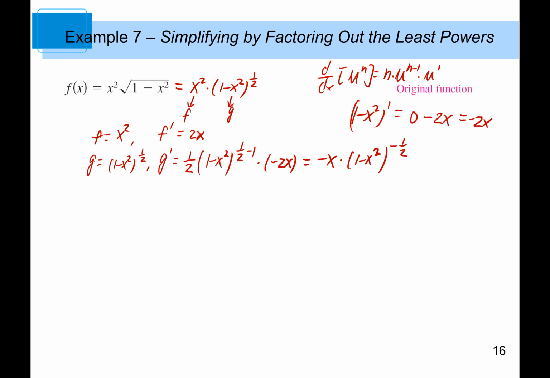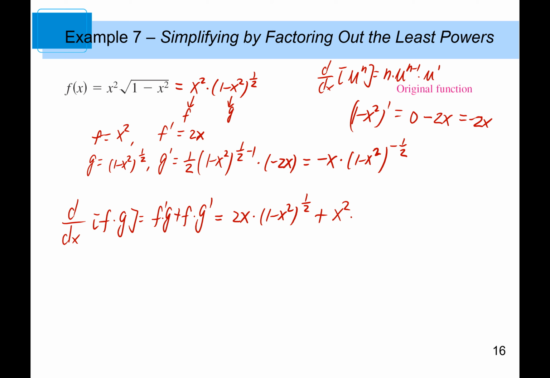Okay, so now we can apply the product rule. f times g, right? f prime g plus f g prime. So just plug in all those expressions. f prime is 2x, times g, which is (1 minus x squared) to the 1/2, plus f, which is x squared, times g prime.